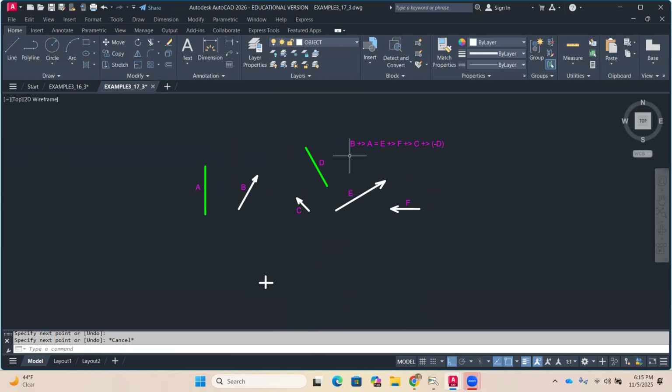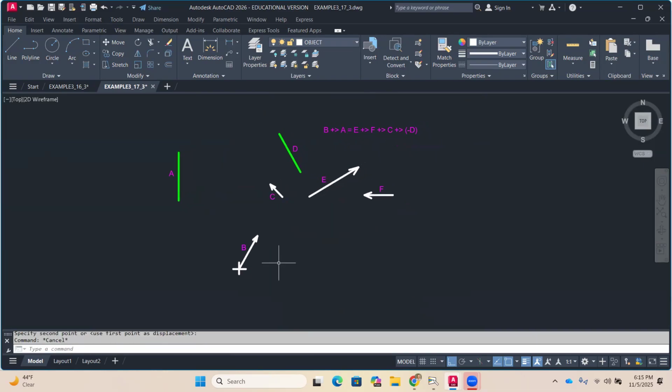Since B is my first vector on the left-hand side, I'm going to move B and put its tail at the intersection of my origin. Then I'm going to add A.